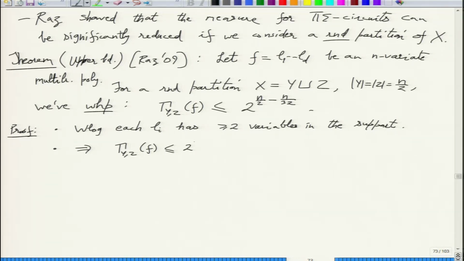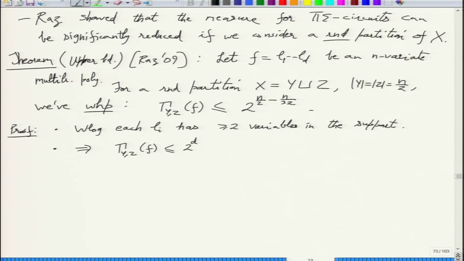So now this implies that the measure for F is bounded by, yeah, this was always true. Just because F is a product of D many Li's. Each of them has rank at most 2. The rank of Li is at most 2, it's a linear polynomial.